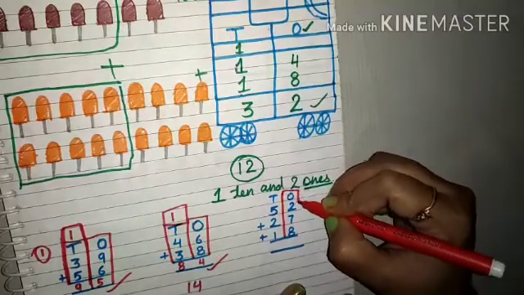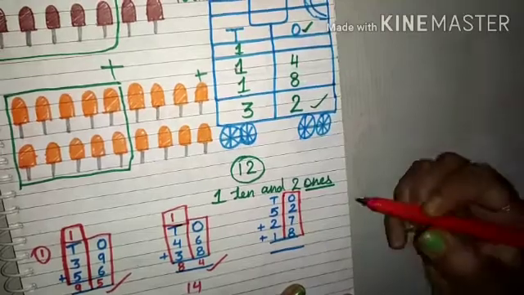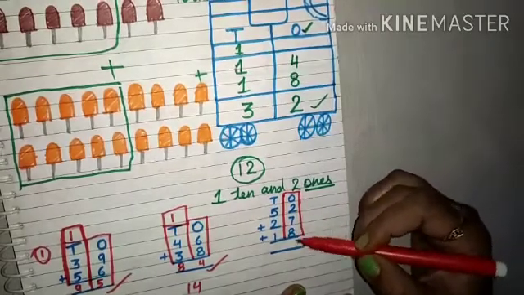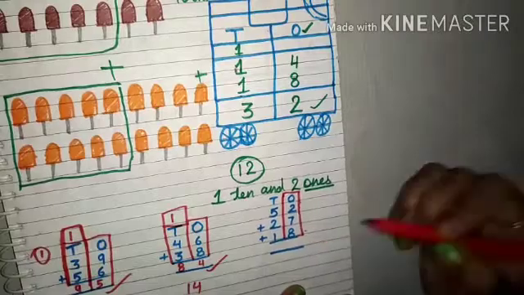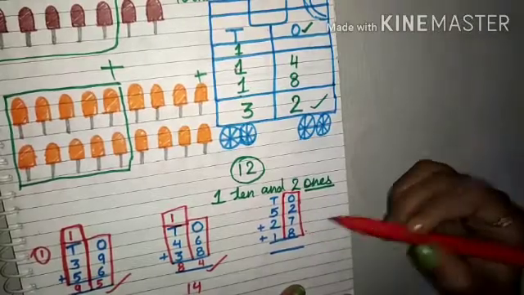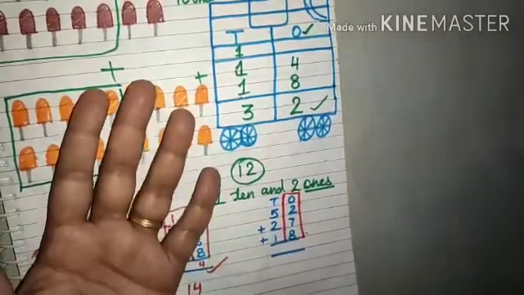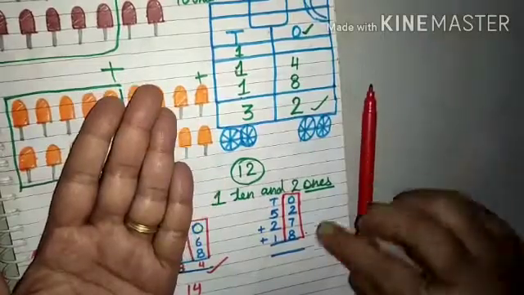Now come to next. First I am going to add this ones column. Okay, so which one is greater in this? Yes, 8. So 8 is in my mind and 7 and 2 I am going to add on my fingers.